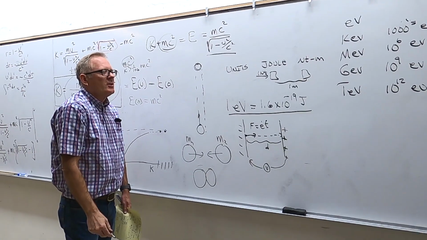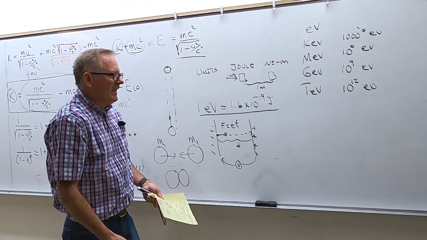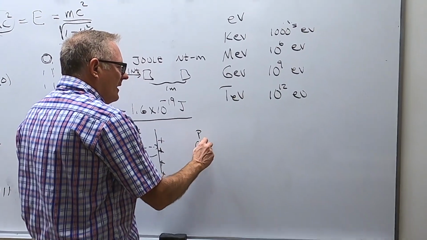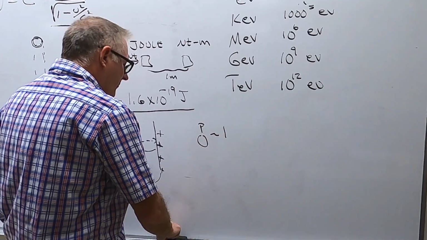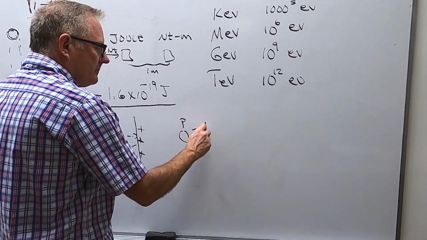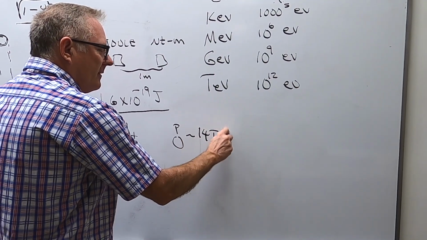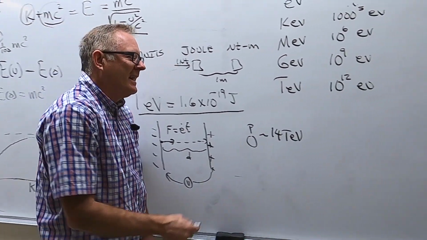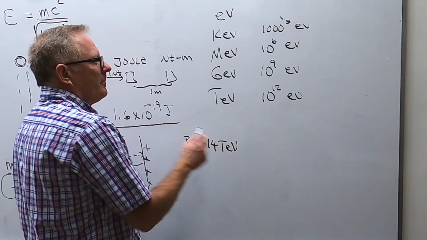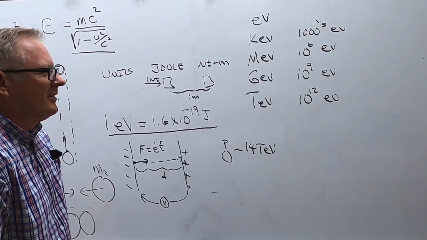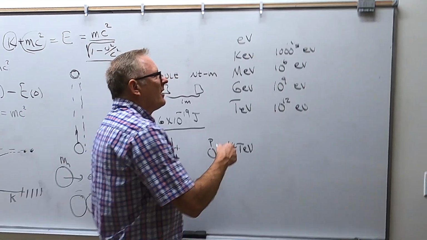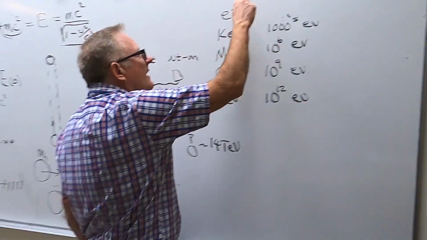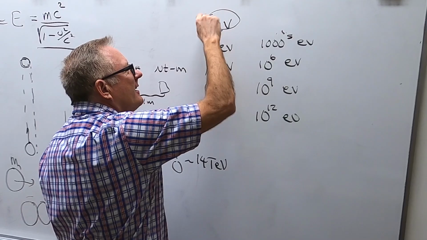Now, if you go to the Large Hadron Collider, they get the proton up to about 14 TeV. That's how much kinetic energy they put into it. Now, light has energy. Regular red light and blue light, all the light that we can see, is on this scale right here, in the eVs.